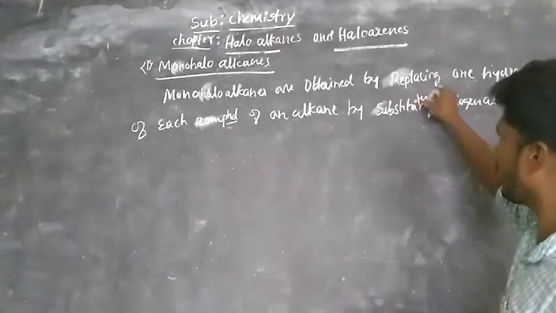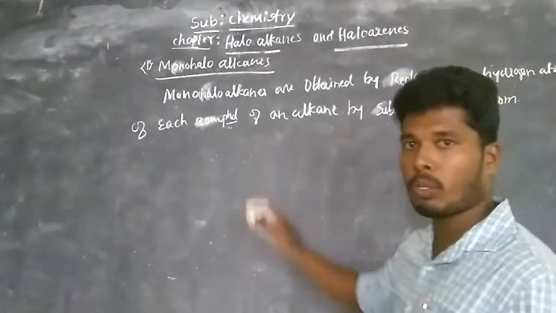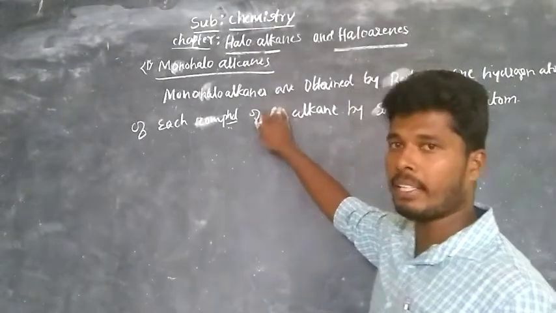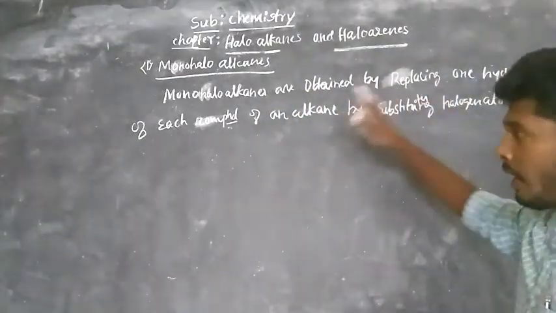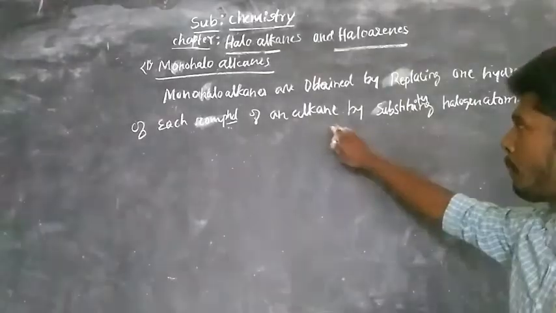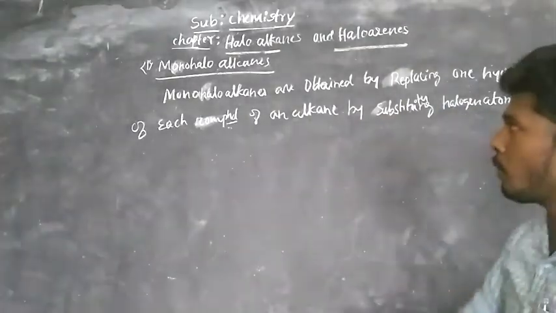So monohaloalkanes are obtained by replacing a hydrogen atom in an alkane by substituting a halogen atom.